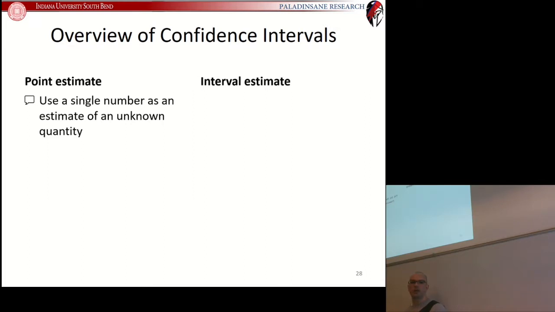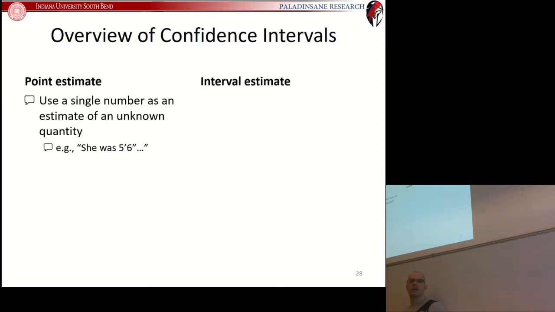You might say, she's 5'6". That's a point estimate. It's one single number, one estimate, one exact guess of what her current height is.